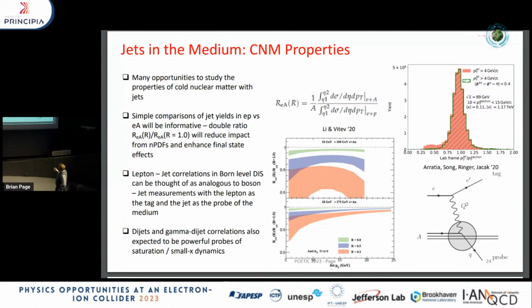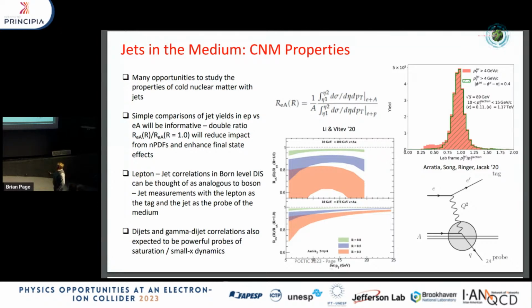And of course, at the EIC, where we have control over our kinematics, you have all kinds of knobs you can turn. Looking at different nu, for example, to control the depth at which the parton starts showering either inside or outside the nucleus, different Q² and x. So you can really map out in multiple dimensions what's going on with the matter in this system.